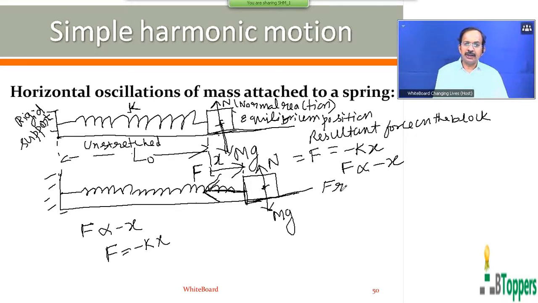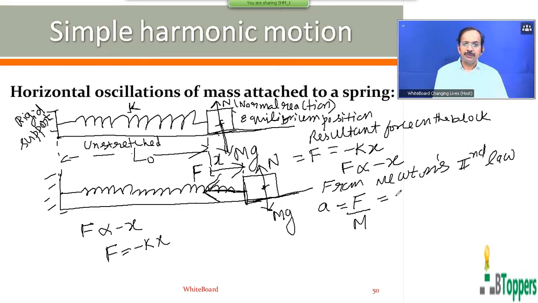Now, from Newton's second law, the instantaneous acceleration of the block is equal to the resultant force on the block divided by the mass of the block. You can write it as -kx/m.